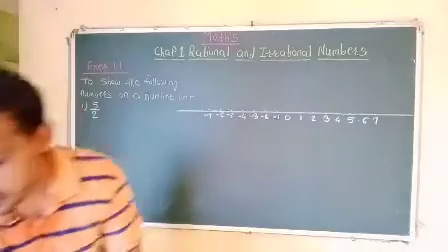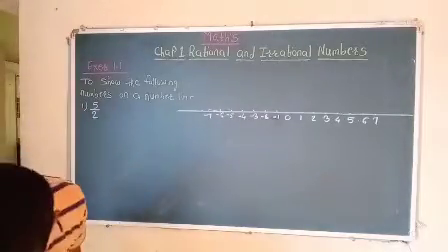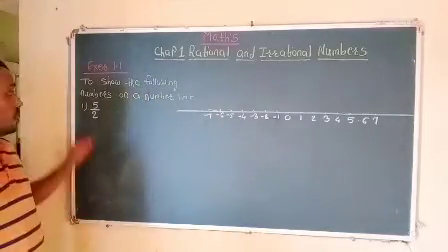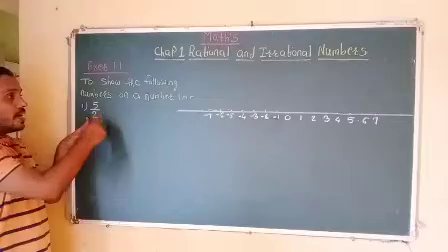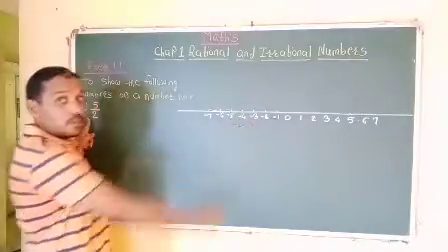So how can we show that number on the number line?